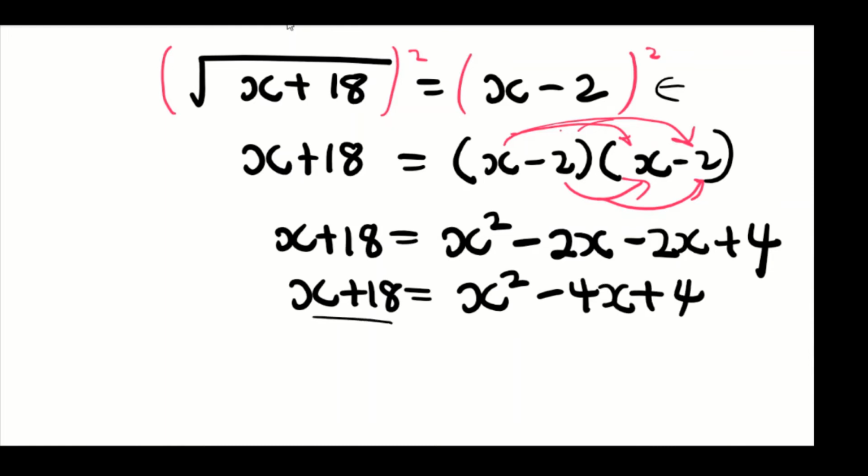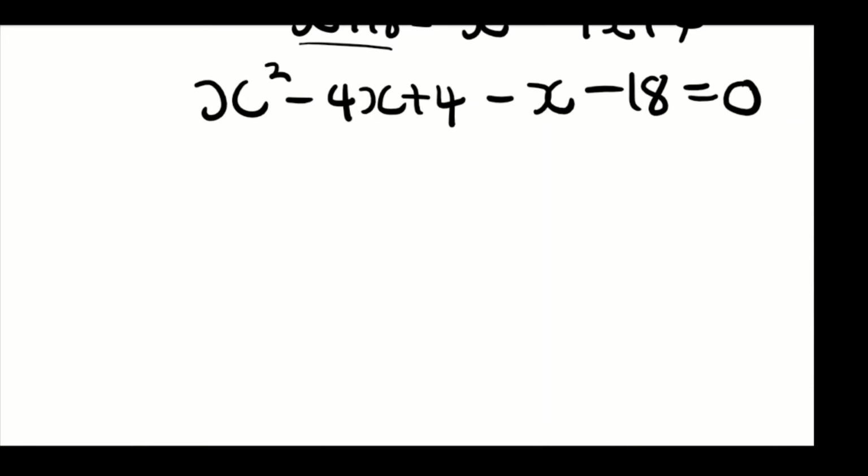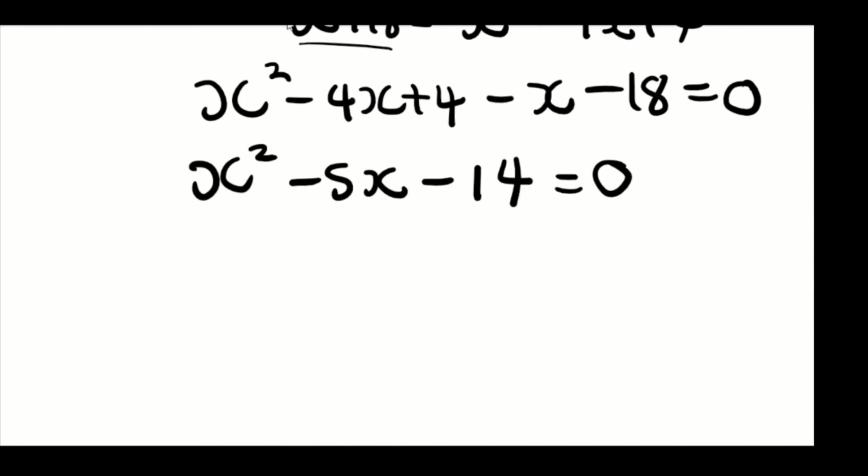So you're going to transpose this to the other side. We'll have x squared minus 4x plus 4 minus x minus 18 being equal to 0. So you have x squared minus 5x minus 14 being equal to 0.